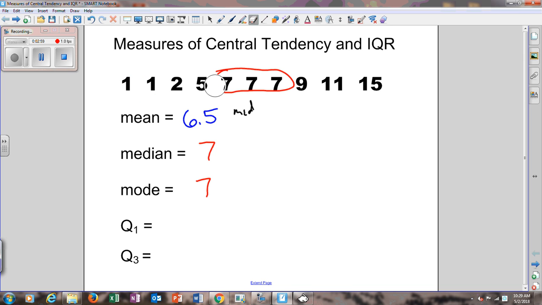Now, Q1 and Q3 you might have never done before. This is called the interquartile range. And that says that when we find the median, we break it into 2 separate sets, then Q1 would be the median of this first half.